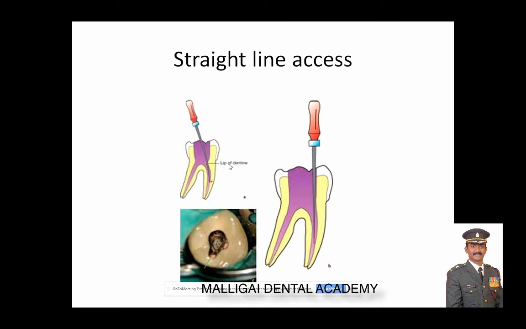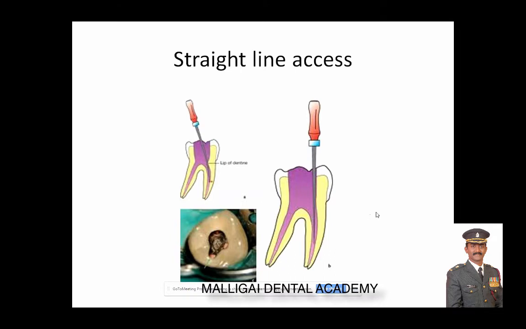This can be simply achieved by removing the calcification which is often present at the level of the orifice, the lip of dentin that you find, the secondary dentin deposition that you find at the level of the orifice itself. Many a times when you introduce your files into the orifice, they stand off axis. We need to remove the triangular lip of dentin to get the file to stand on axis.